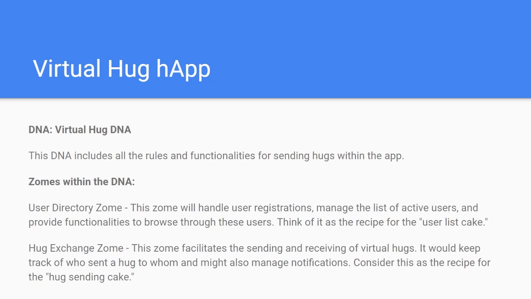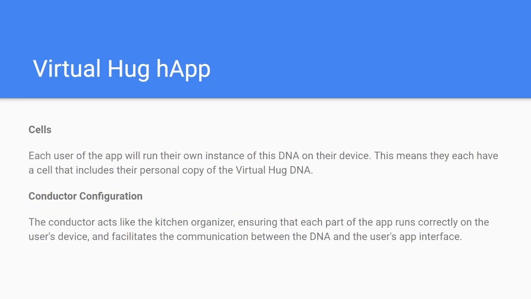Since this would be a pretty simple app, you would not need too many zomes. One would be for keeping track of the users, and the other would be for actually sending and receiving these virtual hugs. So the exchange is more the functionality.